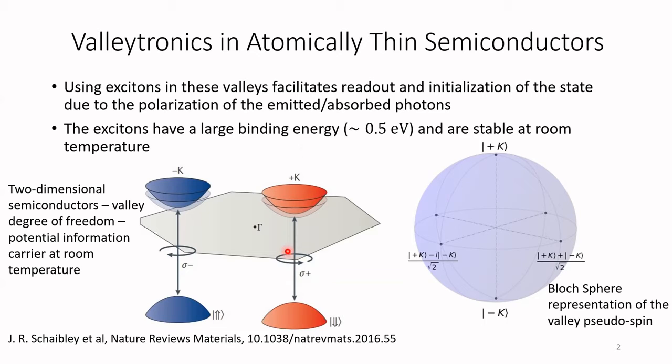They're not susceptible to thermal fluctuations, which are on the order of kBT. kBT is of the order of millielectron volts, while here we're in the order of electron volts. So the energy of these excitons is 1,000 times larger than thermal fluctuations, and we're really not going to be affected at room temperature. So that's another plus point for these TMDCs.